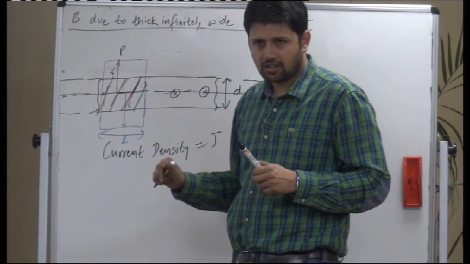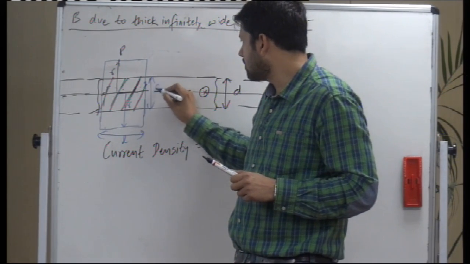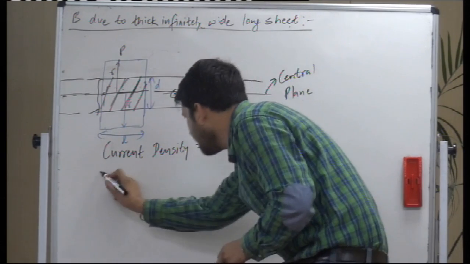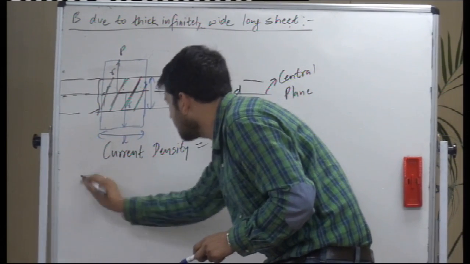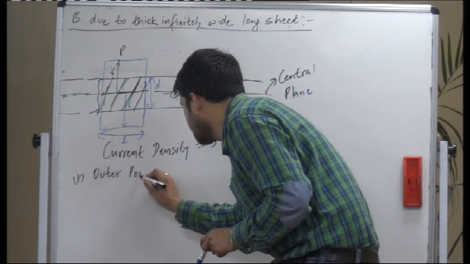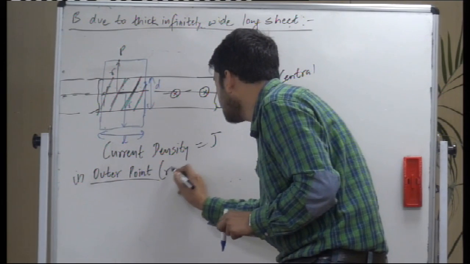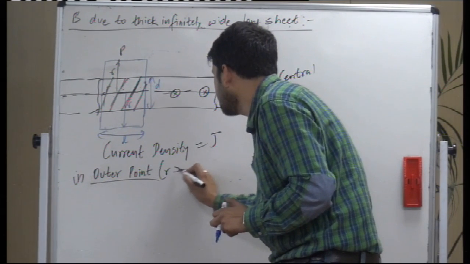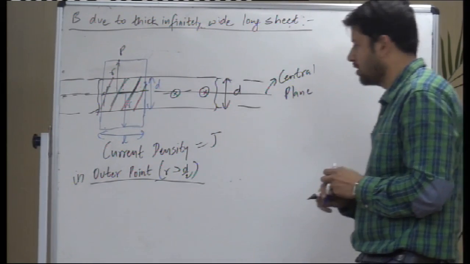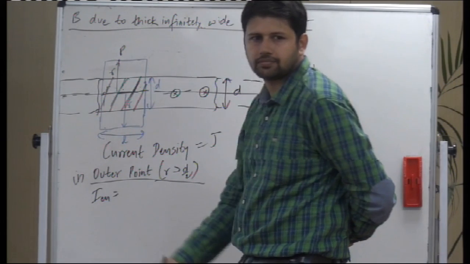Current only goes through this much area. I am first calculating for the outer point, for which r is greater than d by 2. So for this point, I enclosed would be how much?